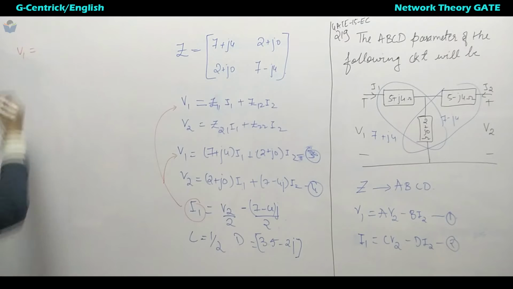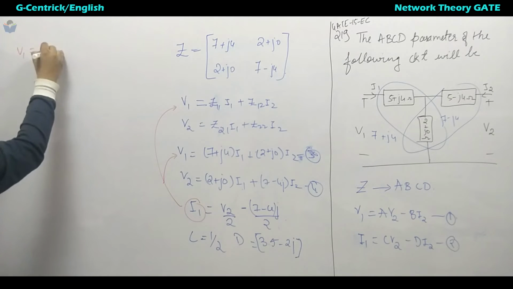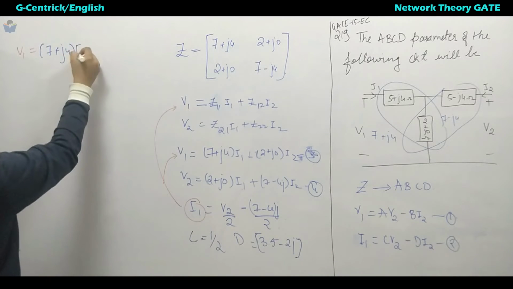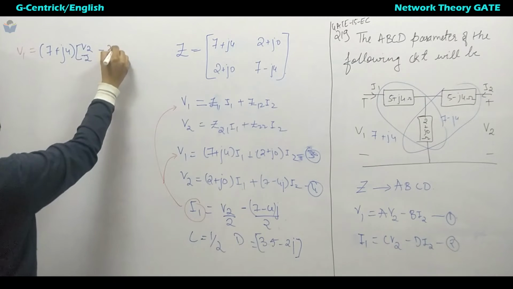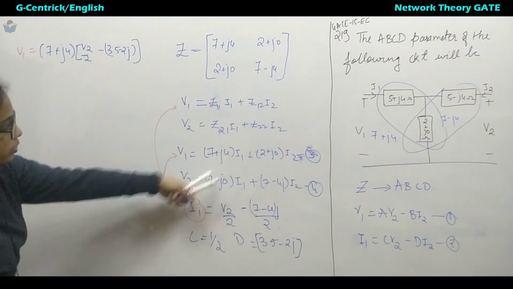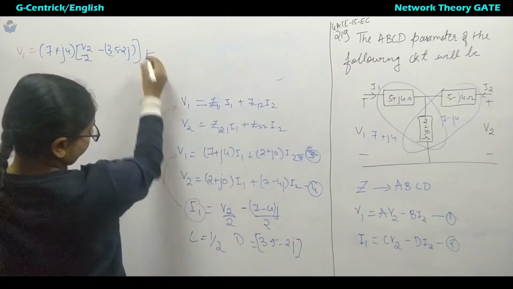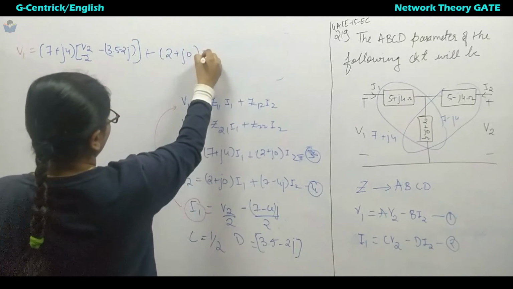V1 is equal to 7 plus J4 times I1, which is V2 divided by 2 minus 3.5 minus 2J I2, plus 2 plus J0 times I2.